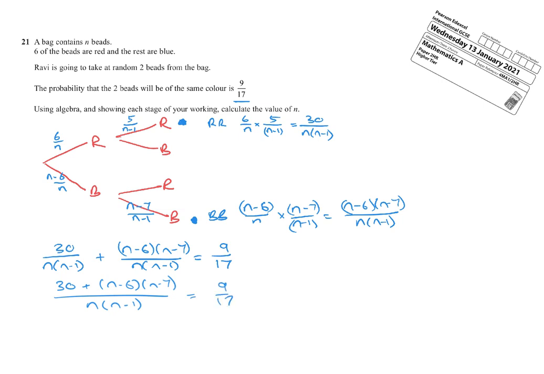Let's expand and tidy up the top there on the left-hand side. So we've got 30 plus n squared minus 6n minus 7n. That makes minus 13n, and minus 6 times minus 7 is plus 42. All of that over n times n minus 1 equals 9 over 17.